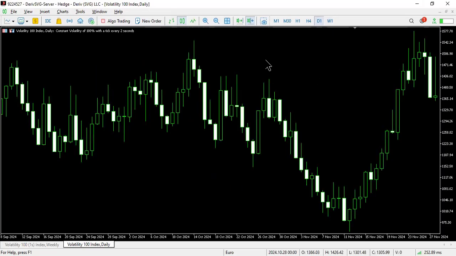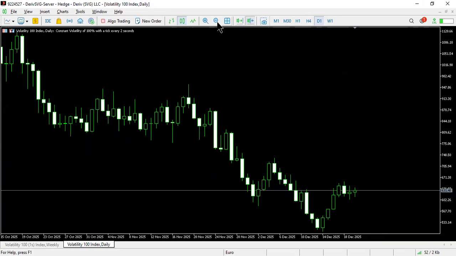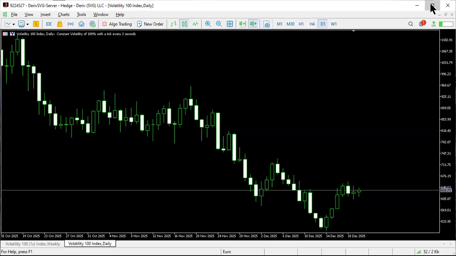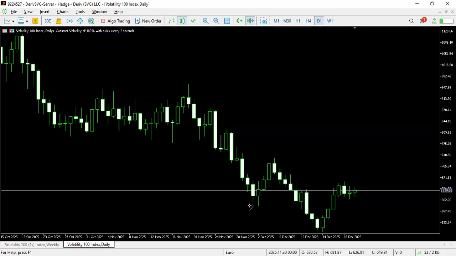And then if we go to the daily time frame, all right, from the daily time frame, we can see that this is the most recent break of structure.